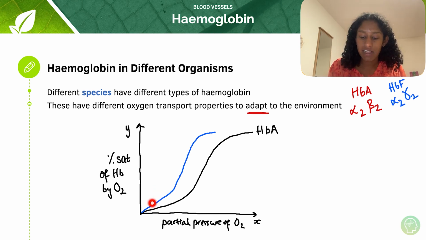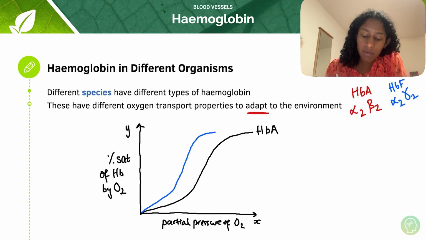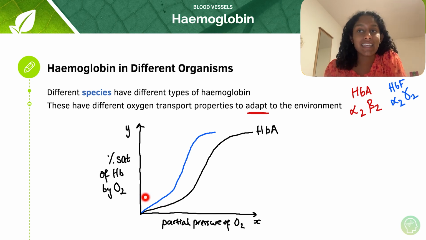So this curve actually represents a species of animal that is adapted to living in low oxygen environments. And we can tell this because at lower partial pressures of oxygen, the haemoglobin is binding more oxygen, it's associating with more oxygen. That's really interesting, right? And vice versa is also true.